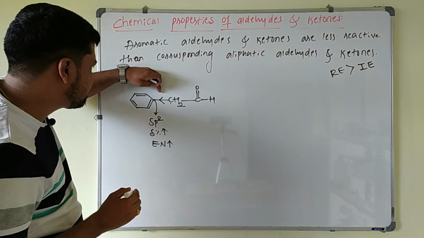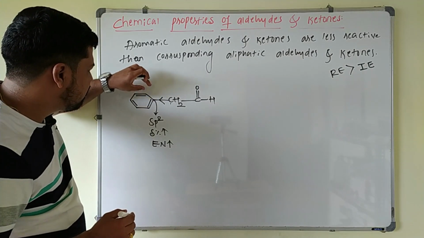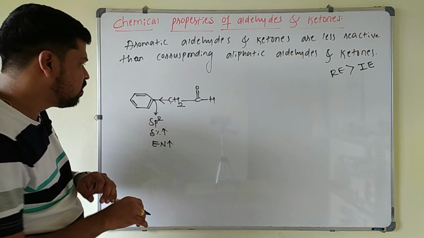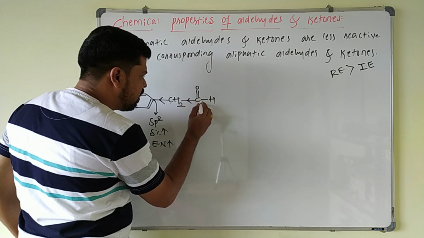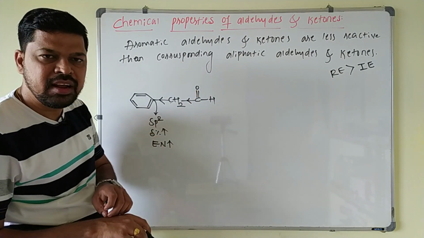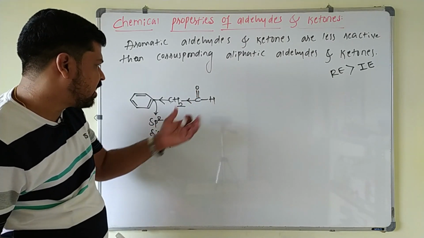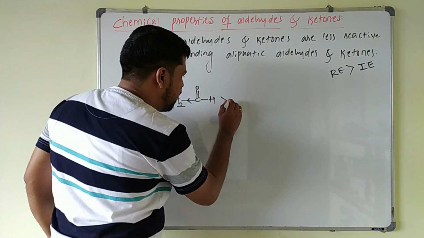So electron density is coming towards what? This phenyl group, that is by the inductive effect here. So then this carbon will attract electron density from the aldehydic carbon, thereby the positive charge density on the carbon atom increases and their reactivity increases. So this is more reactive than benzaldehyde.